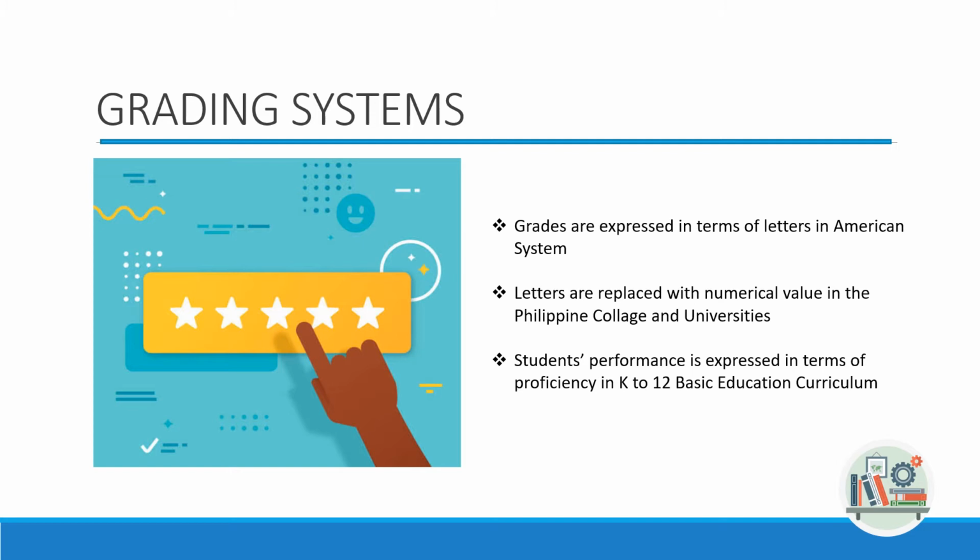In the Philippine colleges and universities, letters are replaced with numerical values such as 1, 1.25, 1.5, 1.75, 2, and down the line, also known as the 8-point system. In basic education, with the implementation of the K-12 basic education curriculum, students' performance is expressed in terms of level of proficiency, such as beginning, developing, approaching proficiency, proficient, and advanced.